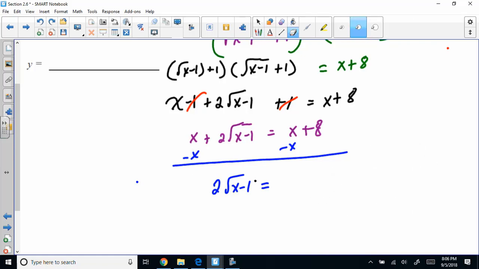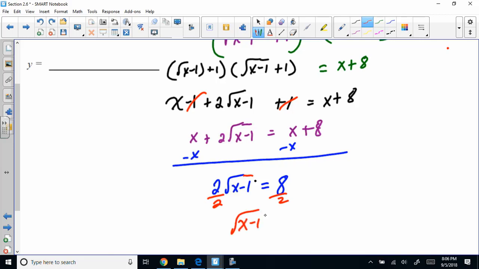Okay, so it leaves me with 8 on the other side. Do y'all see how easy this math is coming apart? So that's going to leave me with x minus 1. The square root of x minus 1 equals 4, right? Y'all okay with that?